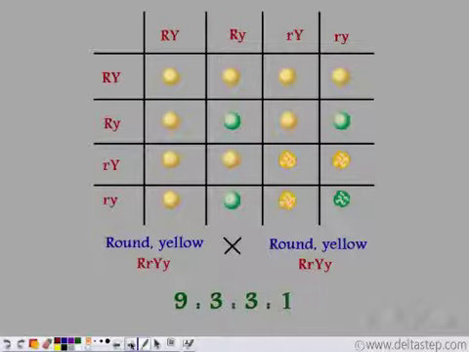So the phenotypic ratio is 9:3:3:1 for yellow round, 3 green round, 3 yellow wrinkled, and 1 green wrinkled.